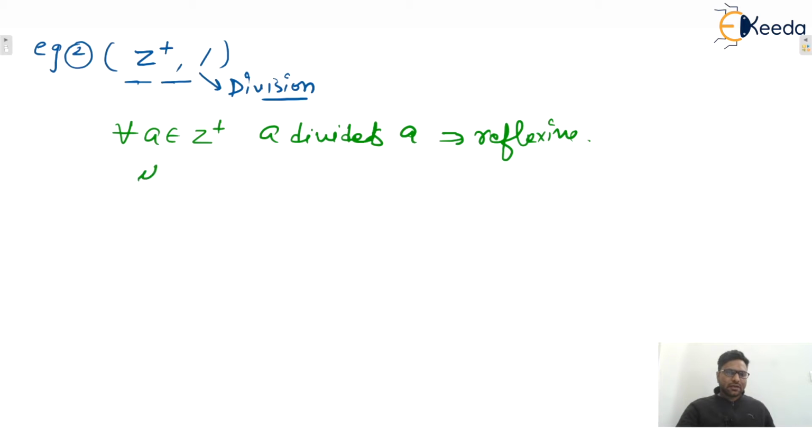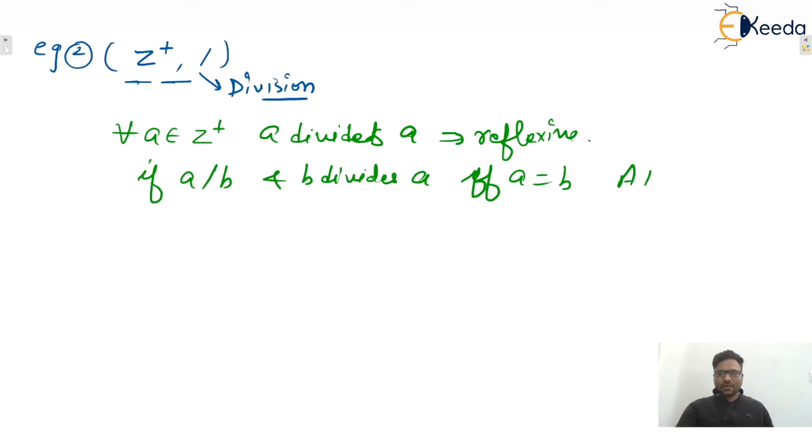Similarly, if a divides b and b divides a, this is possible if and only if a equals b. That's why this is antisymmetric.